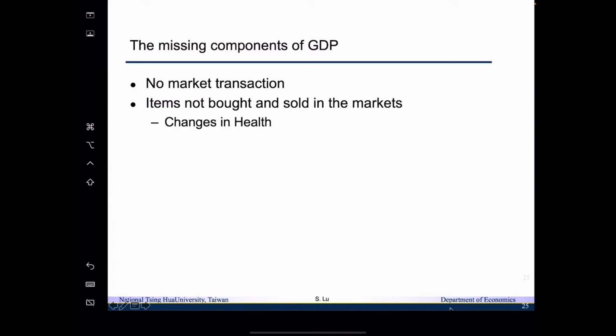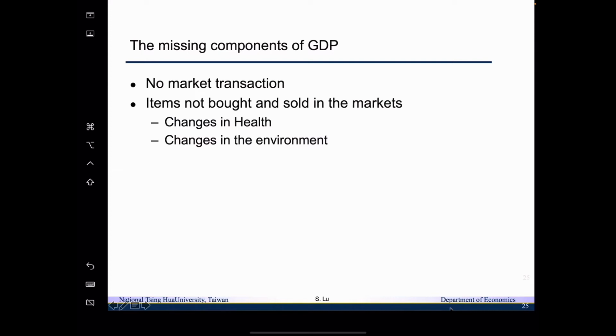Another similar item is the changes in the environment. We know that a country that is producing oil will drill the oil and then sell the oil. But once they drill the oil from the ground, they no longer have it. It will deplete the natural resources. But the depletion of the natural resources doesn't count as negative to the GDP.